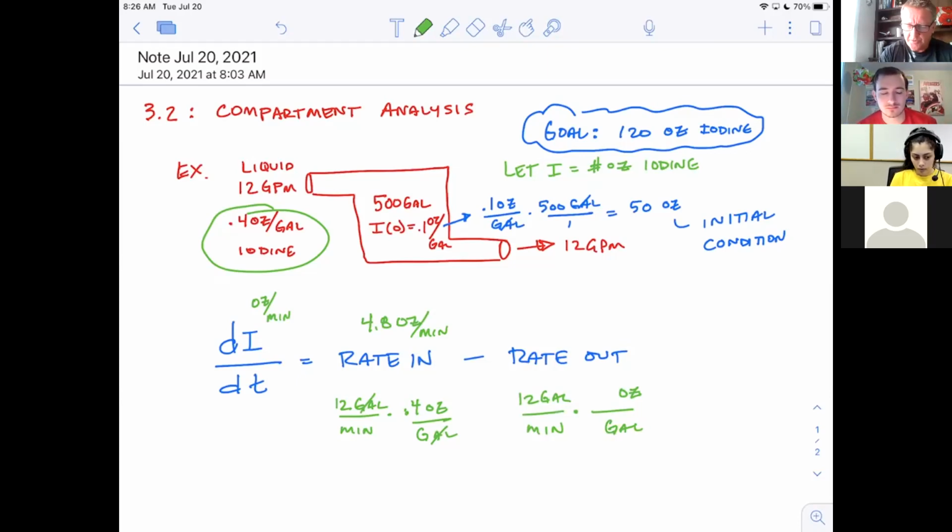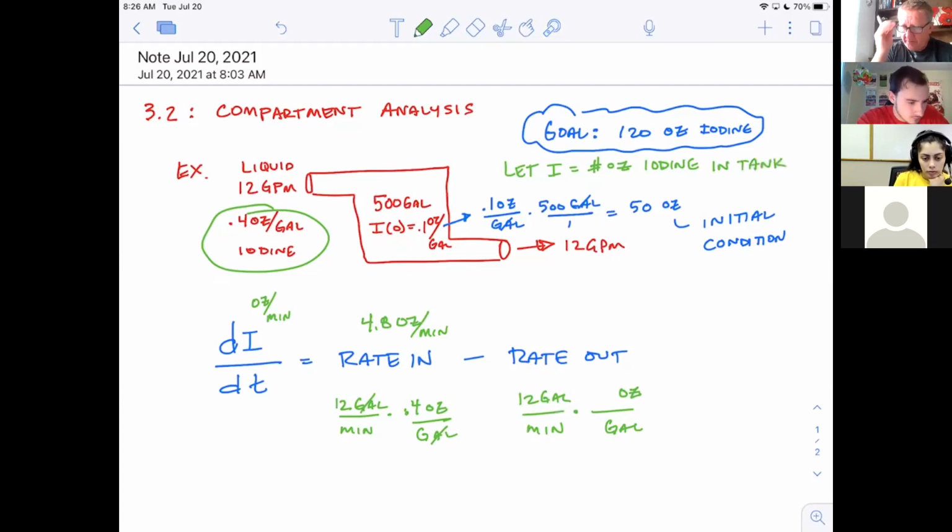I see what you're saying, because over here I said ounces per gallon. So in that case, we would take I and divide it by 500 gallons, because that would be the ounces per gallon concentration in the whole tank. Yeah, that's exactly correct, because I'll add this to the statement over here.